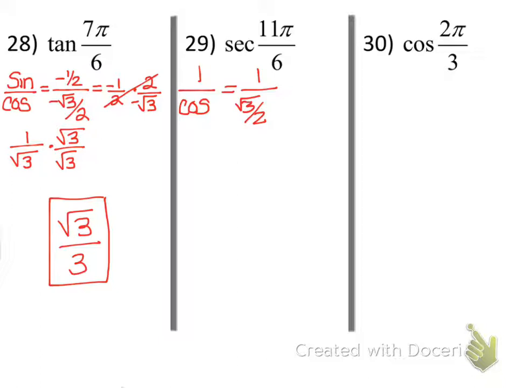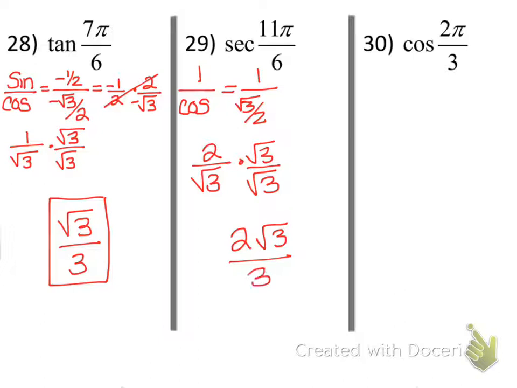So again, 1 over is asking to do the reciprocal, so we have 2 over root 3, and again, we do have to rationalize. So this is going to become 2 root 3 over 3.